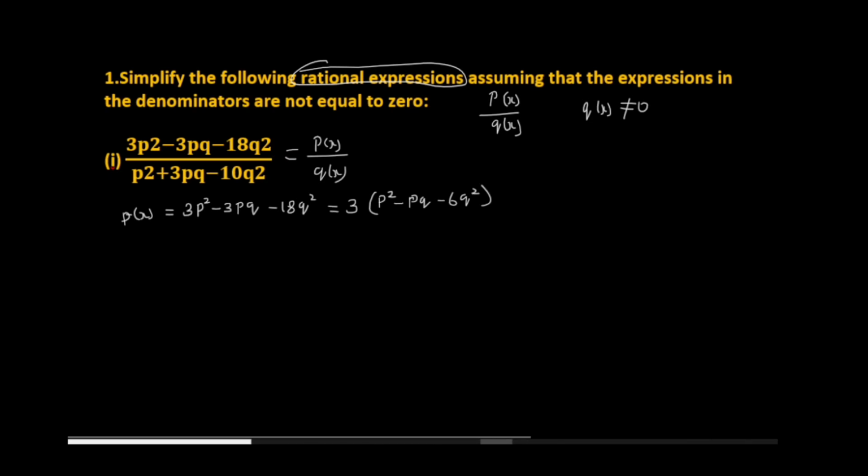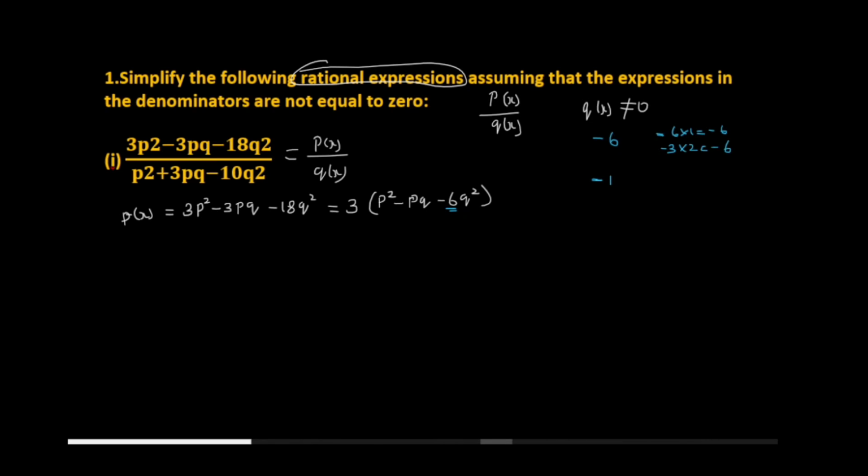Now this is in the form of x plus a into x plus b. As you know, the product term is minus 6 and the sum is minus 1. We need to choose two integers. Factors of minus 6: because the sum is negative, minus 6 into plus 1 gives minus 6, and minus 3 into plus 2 gives minus 6.